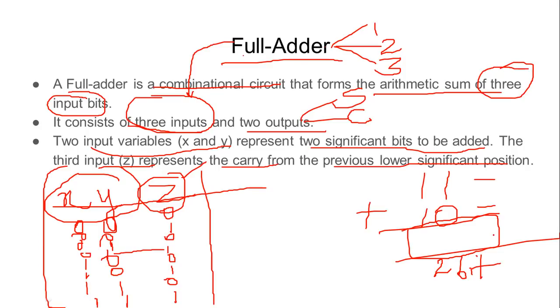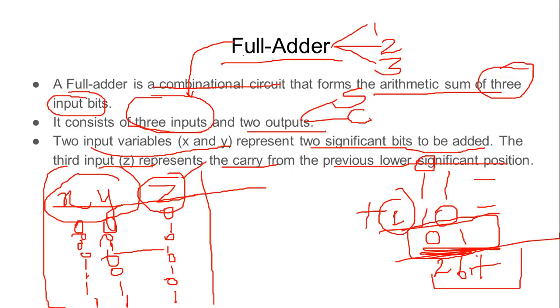If 1 is added to 0, I get 1, so there is no carry. But 1 plus 1 yields 0 as the output and 1 as a carry, and this carry cannot be accommodated here because the register is only 2 bits.